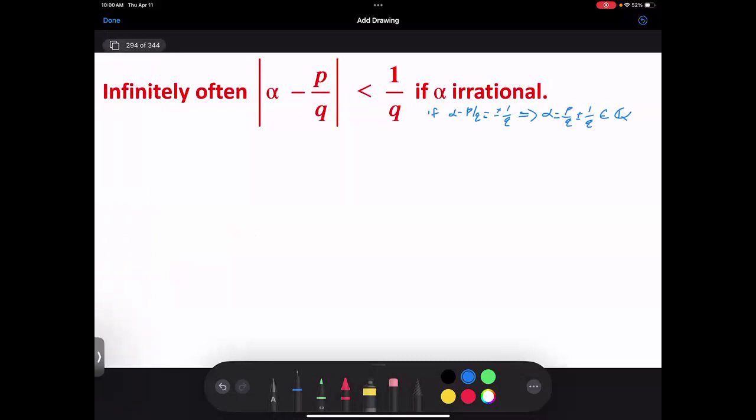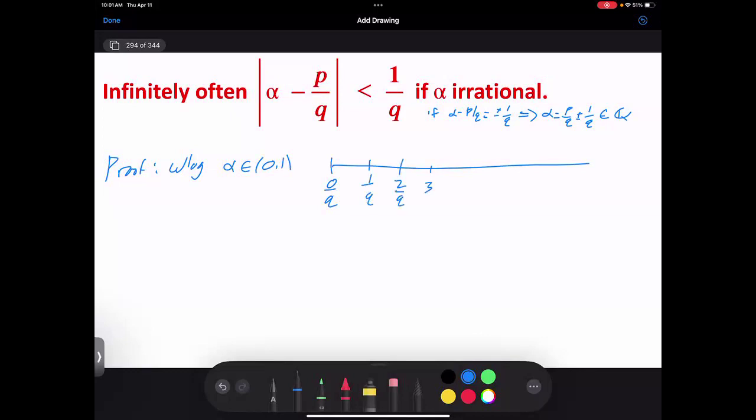So here's the proof. Without loss of generality, we might as well assume alpha is in the interval (0, 1), because if it's not, I can just subtract an integer and move it down there. And so now, here's the interval: 0/q, 1/q, 2/q, 3/q, I won't say the next one, p/q, (p+1)/q, all the way down to q/q.